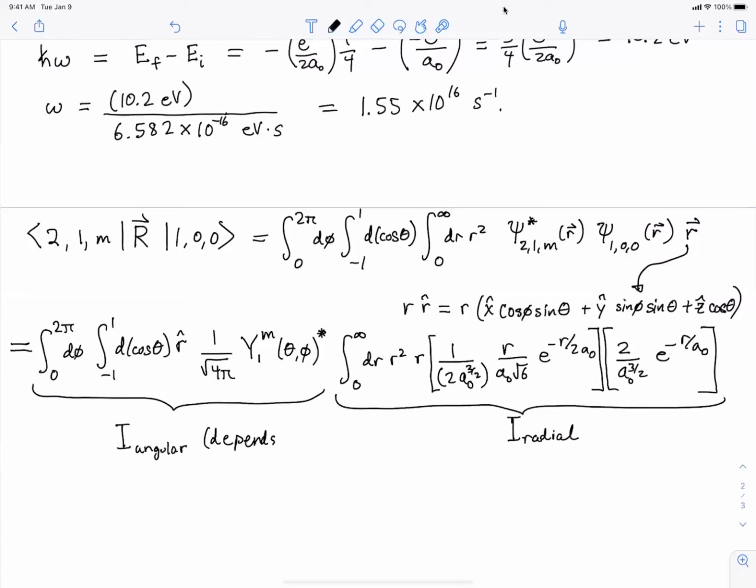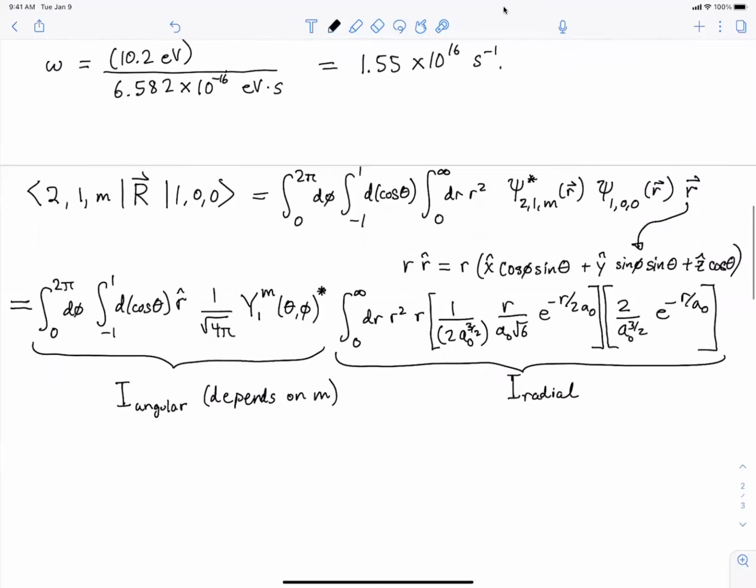We're going to do this for 3 different values of m. But not only are we going to do it for 3 different values of m, it's also a vector because it depends on r hat, and r hat is this stuff. Okay, so this is actually a vector as an integral.